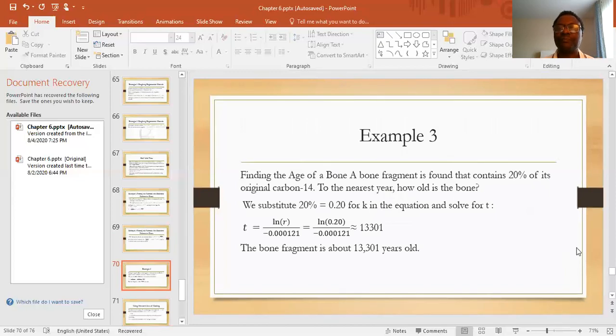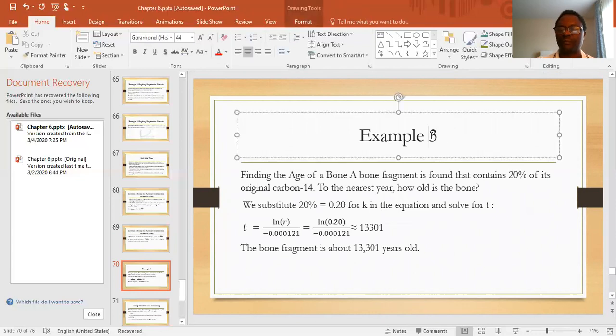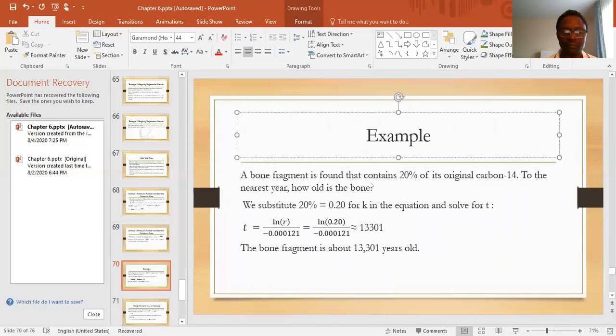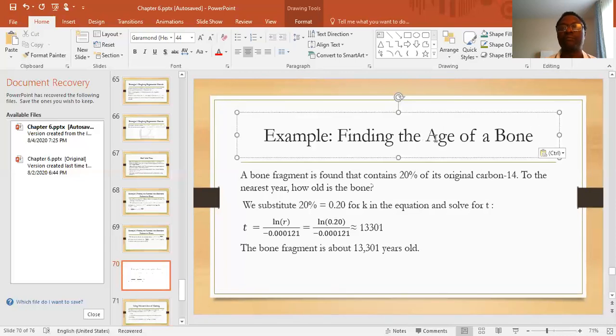Example: finding the age of a bone. Let me put this example on the slide. A bone fragment is found that contains 20% of its original carbon-14.